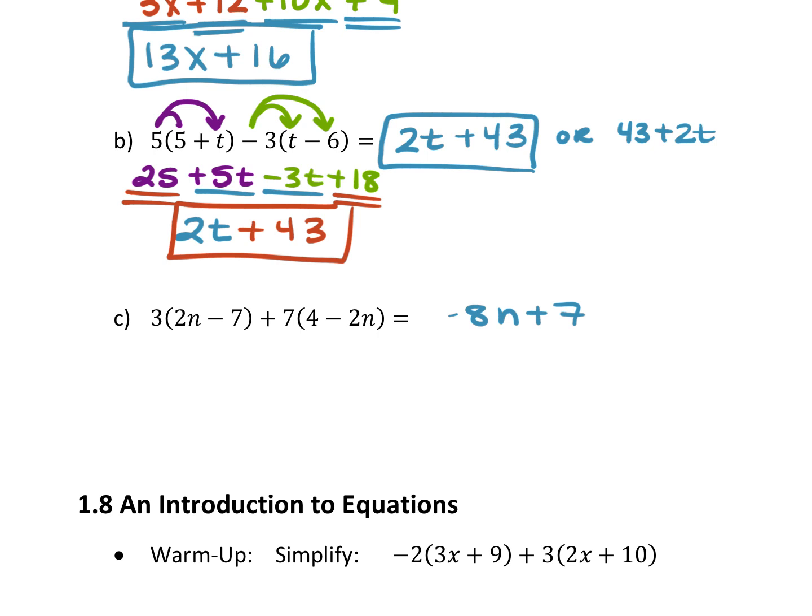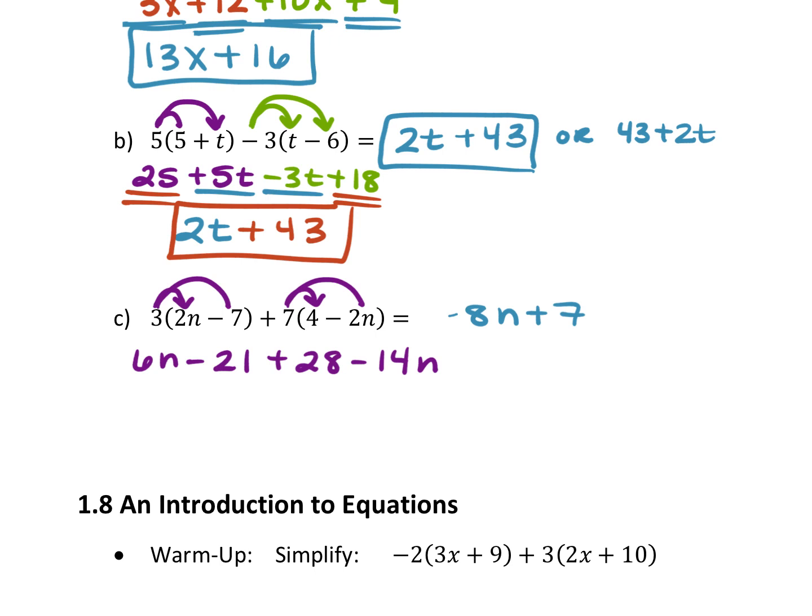Okay, last one. We're going 3 times 2n is what? 6n. 3 times a negative 7 is a negative 21. Plus 7 times 4 is 28. 7 times a negative 2n is a negative 14n. Now, here's where I see some other mistakes.